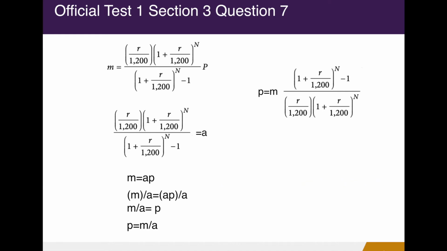So (1 plus R over 1200) to the power of n minus 1 goes to the numerator, and R over 1200 times (1 plus R over 1200) to the power of n goes to the denominator. The answer is B. Even though this question looks very complicated, it's actually one of the easiest questions at the SAT.